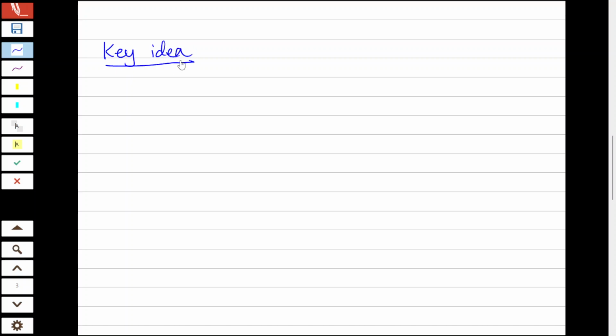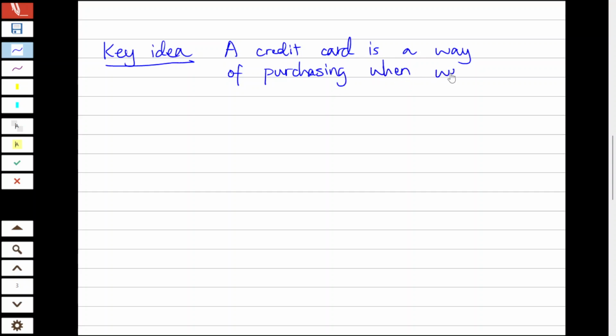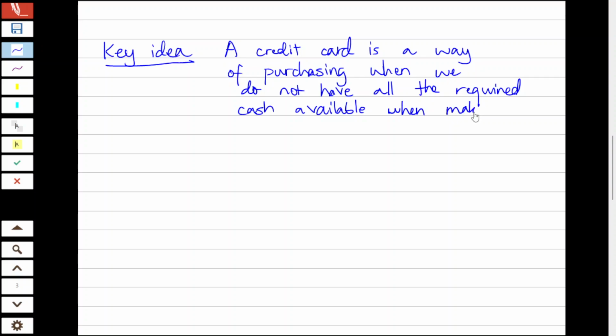A credit card is a way of purchasing when we do not have all the required cash available when making the purchase.